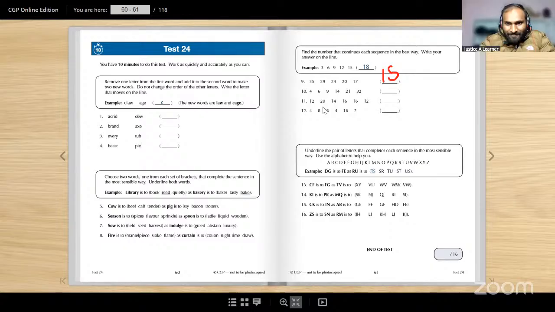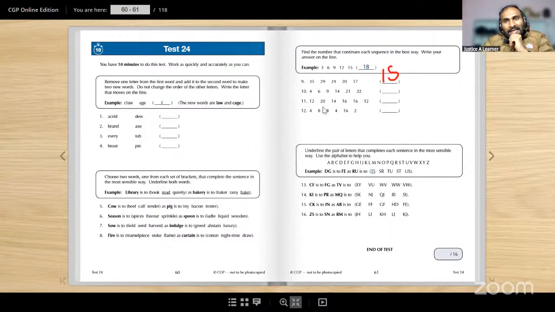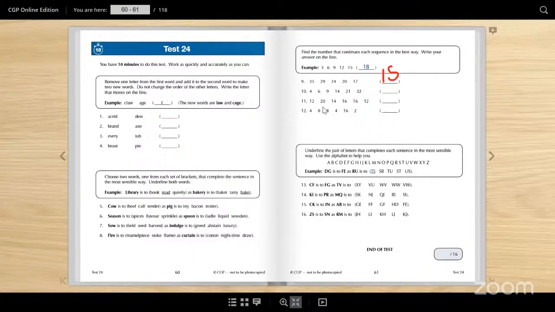And then the 10th one is +2, +3, +5, +7, then +9. No, 11, right, 21. 9 plus 2 is 11. Yeah. Okay, write it down. You can get confused.